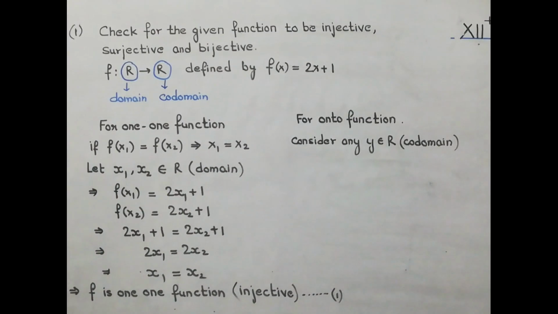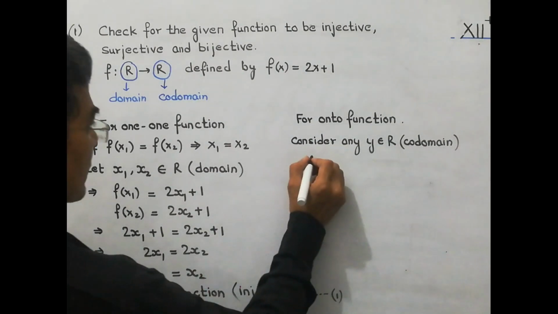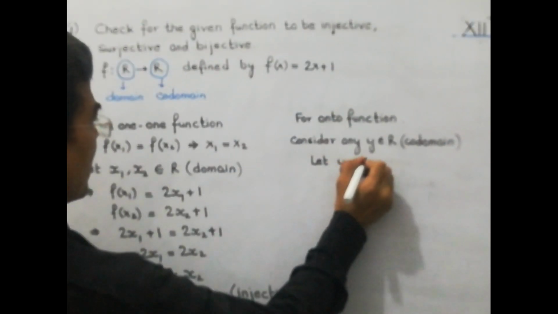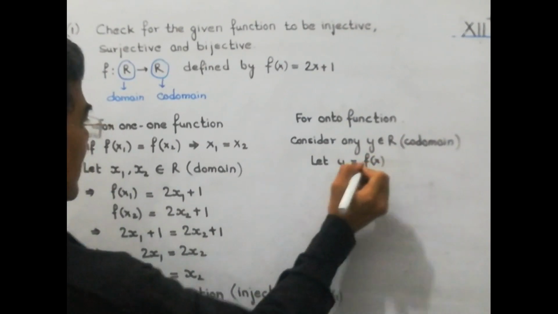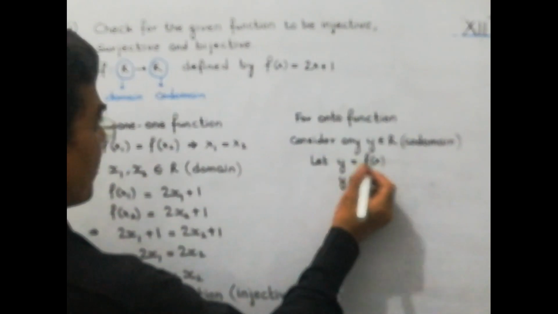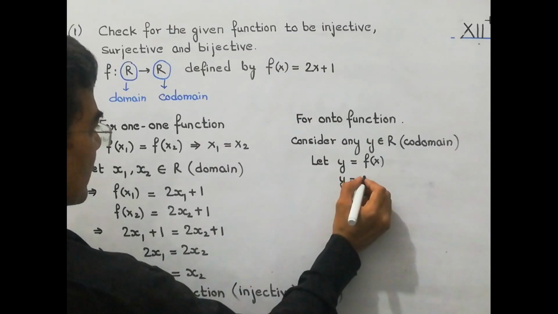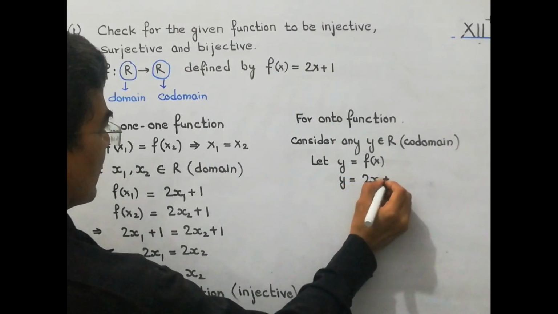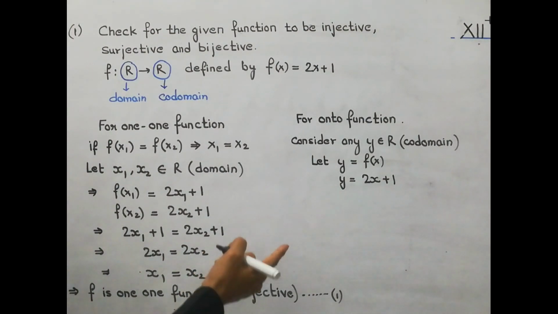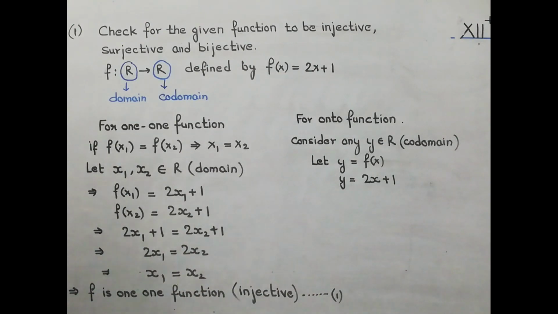We have considered any element from the codomain, right? Now let y be taken as f(x). So f(x) will be replaced by y. Now here what you will do, you will try to find x in terms of y.